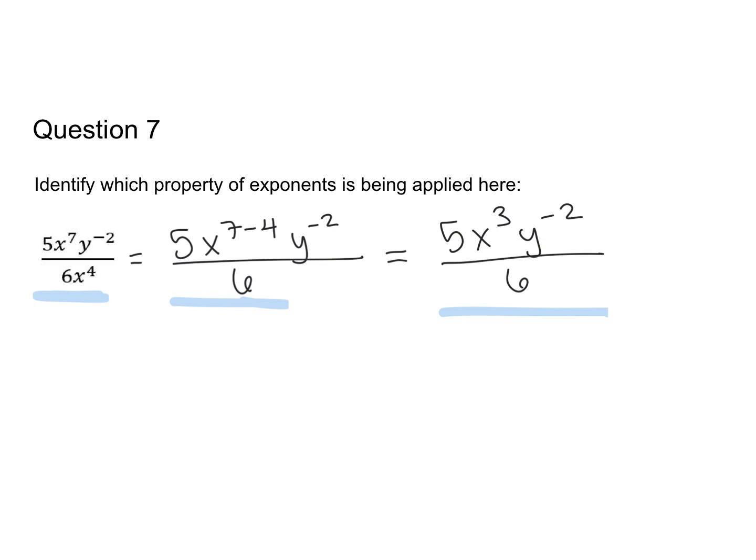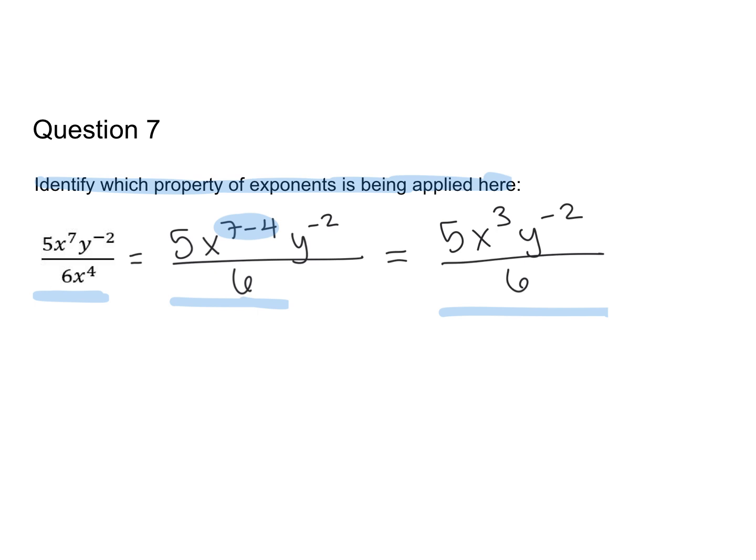I do see the negative exponent, but we don't really do anything with that negative exponent. Not to say that that won't be taken care of at some point. But since they're asking us which property of exponents is being applied, I do want to take a look at this 7 minus 4, because that is the operation that's happening.